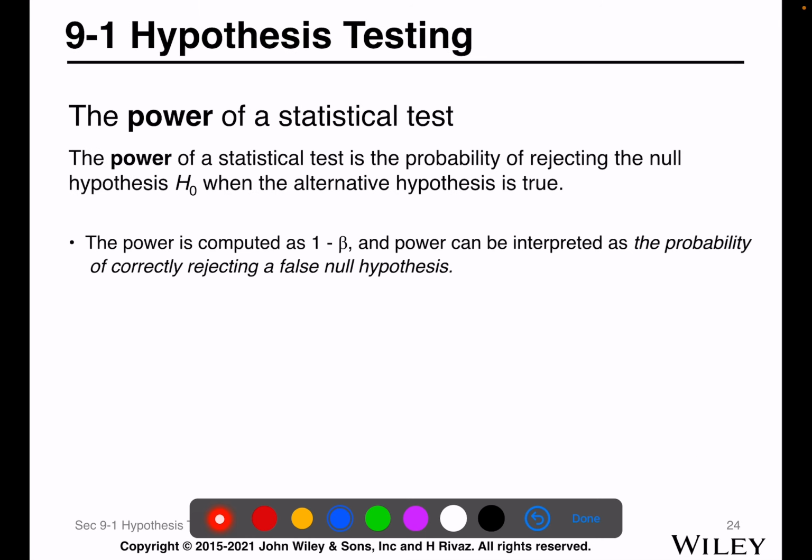Okay. So 1 minus beta is called the power of a test, right? So beta was the probability of an error, so we want beta to be small. So 1 minus beta is power, and usually we want power to be high. Power is the probability of correctly rejecting a false null hypothesis.